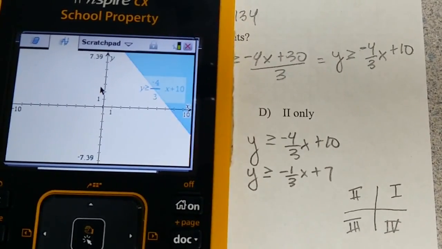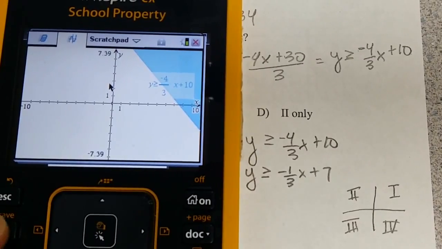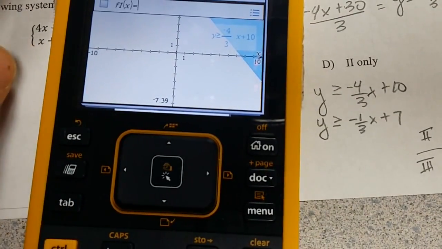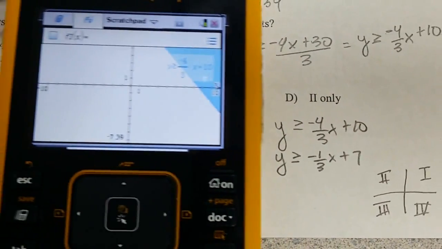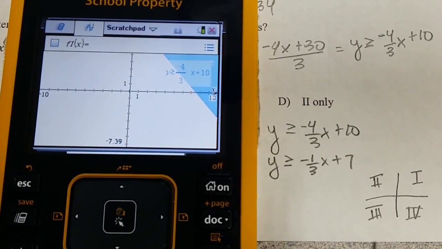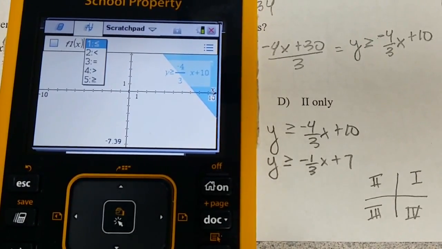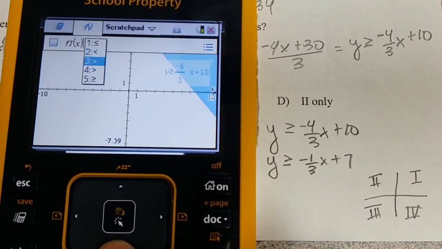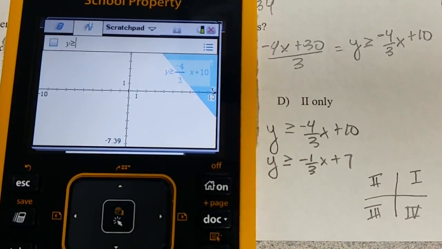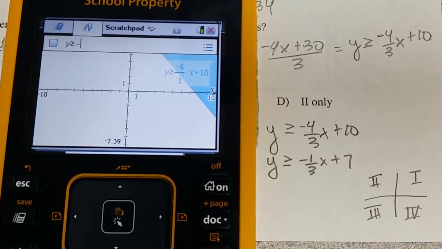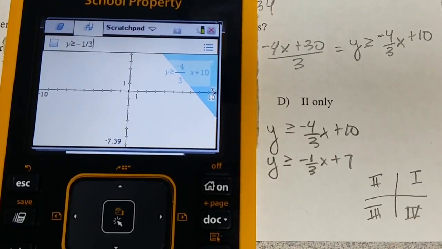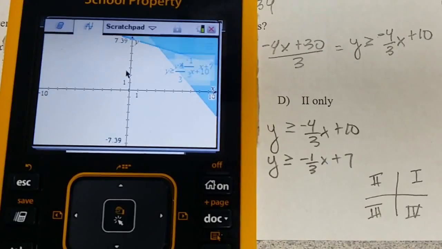Press enter to graph. Press tab to get the other equation, press delete. When you press delete, the inequality shows up, and scroll down to the one you want. And then it's negative 1 divided by 3 X plus 7. Press enter.